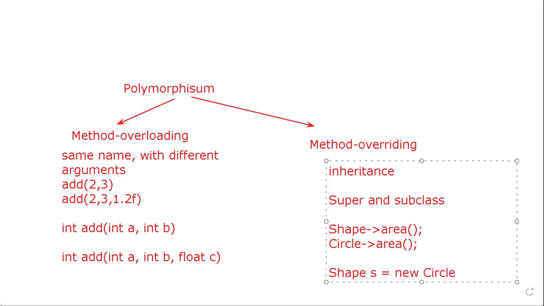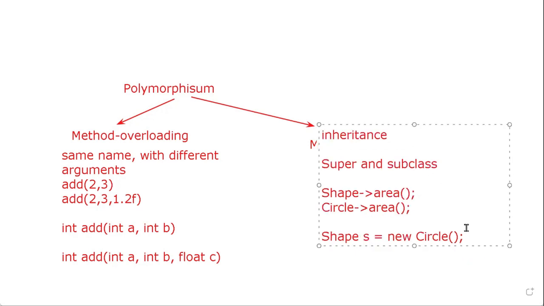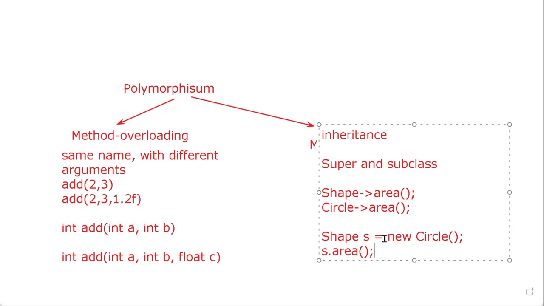And if you say Shape s = new Circle(), you can do this. If you try to call s.area(), then it will call the Circle area method, because we are trying to override. That means we have it in Shape, but don't go to Shape, come to the area of the Circle.